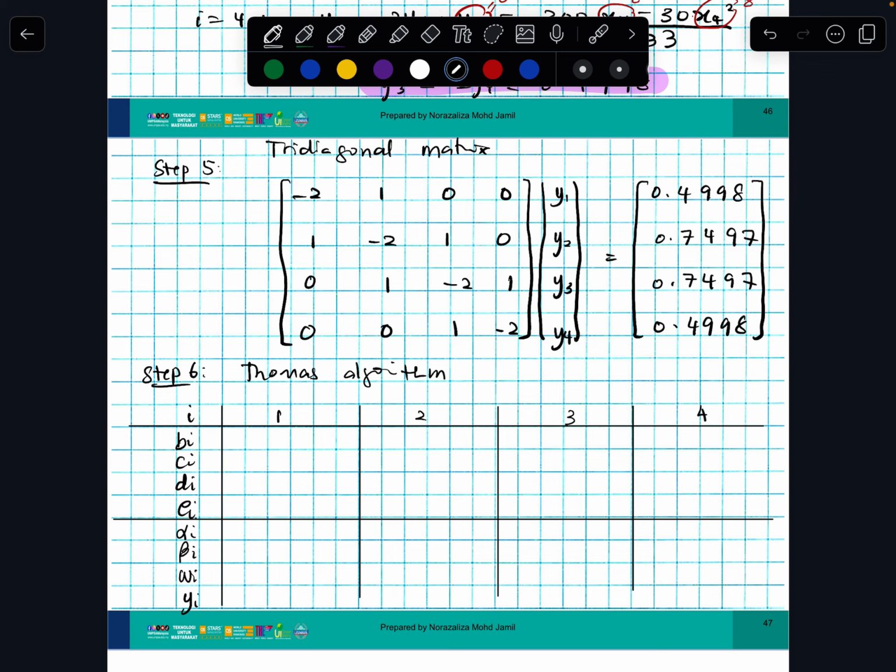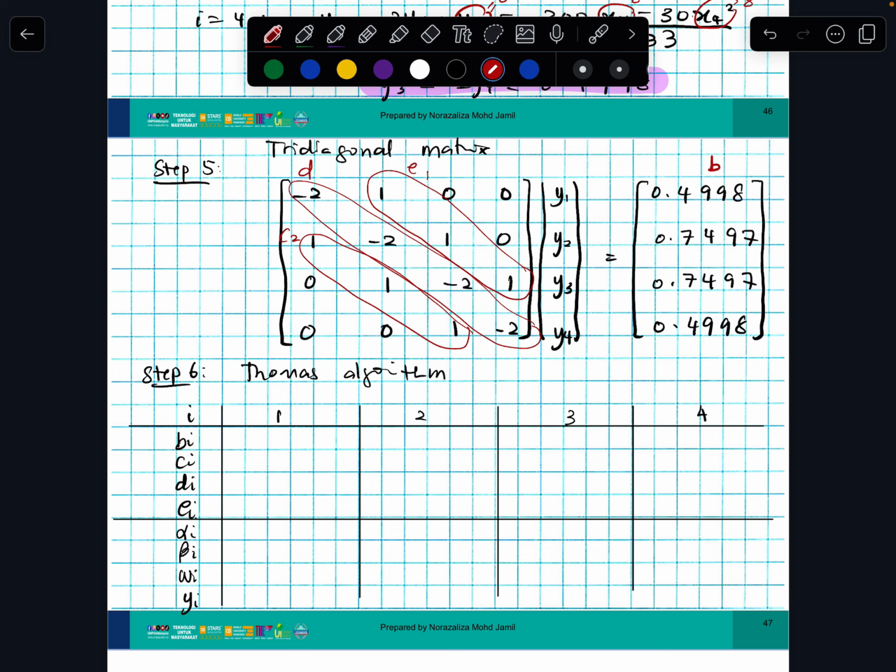So we need to fill in the first 4 rows by referring to the matrix. B is the value of the right hand side. Remember, this is the value of B. This is the value of D, diagonal. This is C, start from C2. And this is E, start from E1.